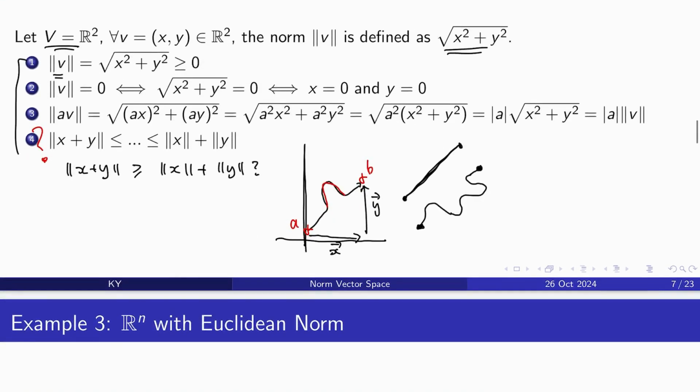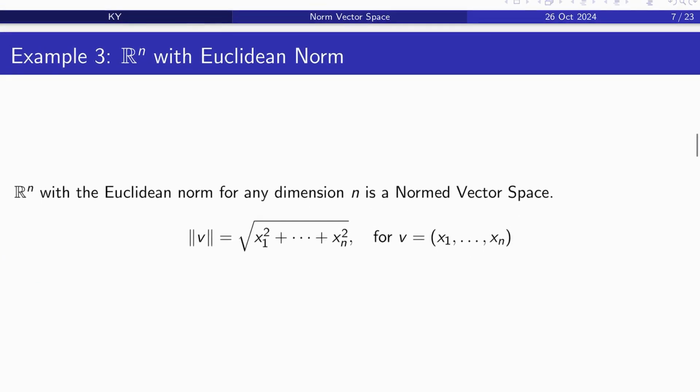And let's go on to the third example. The third example is the same idea, where we're talking about Rn with a Euclidean norm.